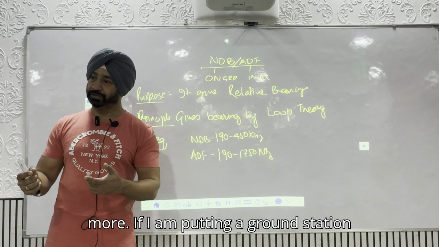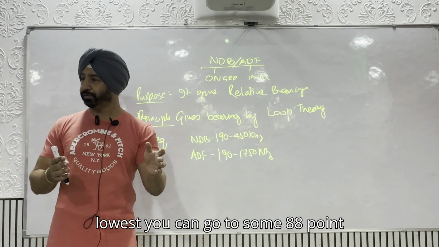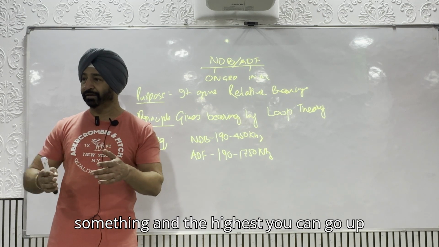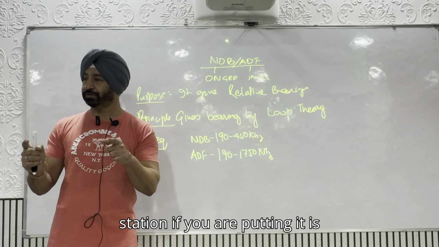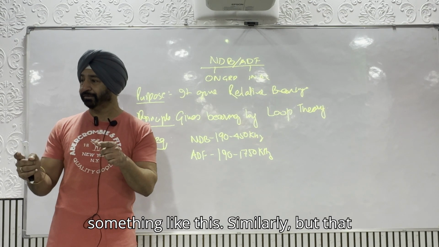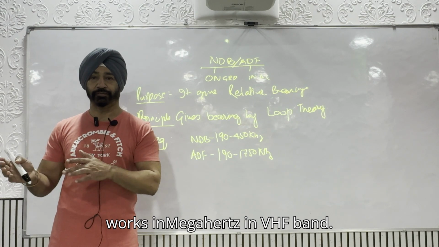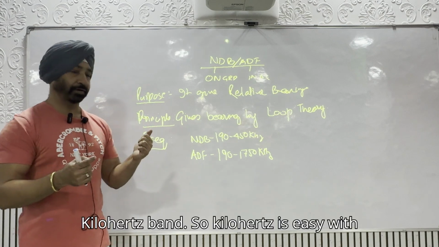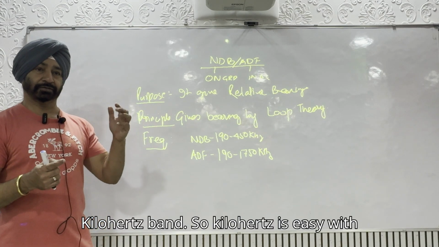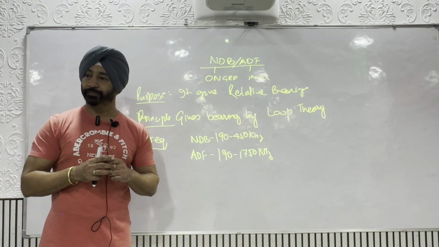If I am putting a ground station, like you have FM, the lowest you can go to is some 88 point something, and the highest you can go up to is 107 point something. So a ground station, if you are putting it, is something like this. Similarly, but that works in megahertz, in the VHF band. This is in which band? Kilohertz band. So kilohertz is easy, like VLF, LF and MF.